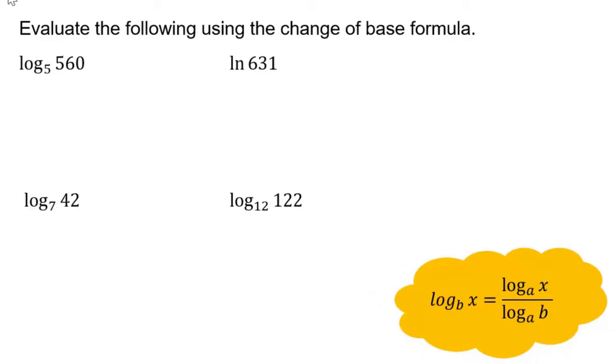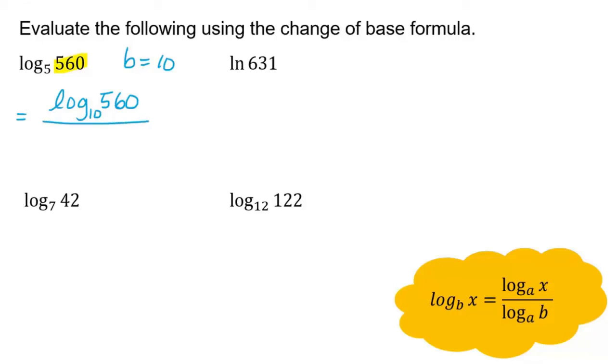Let's try these. We're asked to evaluate the logarithm of 560 to the base 5. Because my calculator doesn't do base 5, I'll choose a new base. I'll choose to use a base of 10 in my calculations. So we'll take the logarithm of the original quantity we were asked to evaluate the logarithm for. That's 560, but we'll evaluate it to our new base.